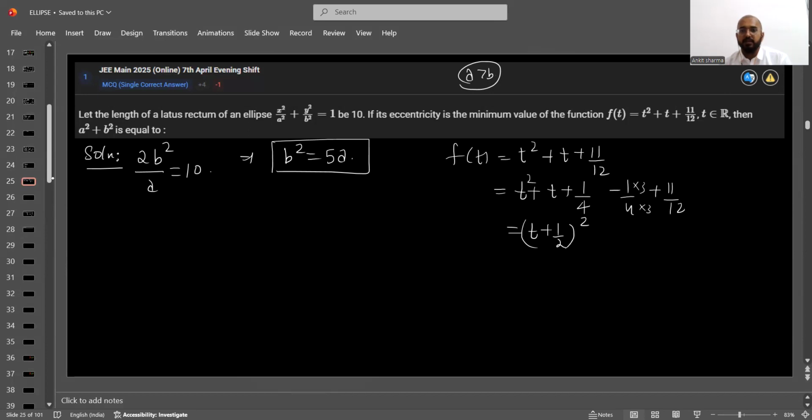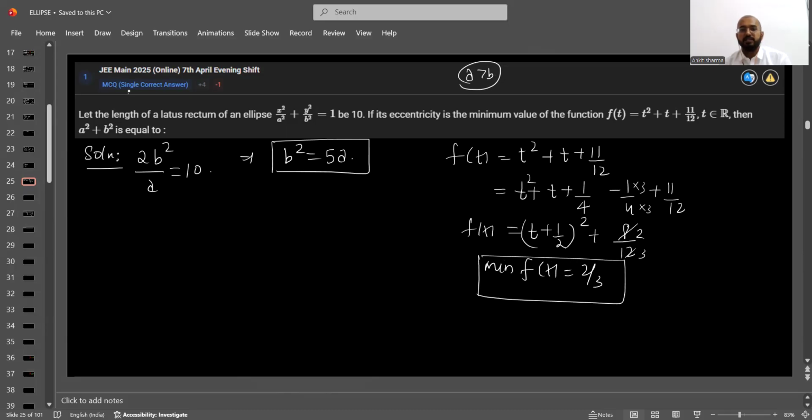So 11 minus 3 will be 8 over 12, which is 2 over 3. So 2 over 3 is the minimum. So the minimum of f of t is equal to 2 over 3.